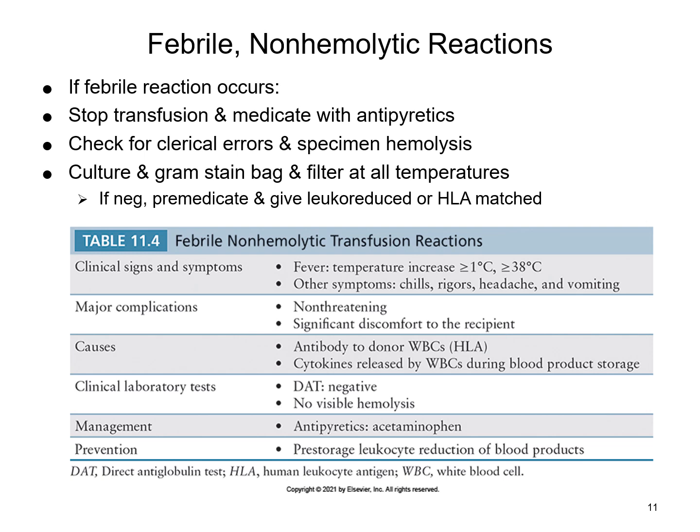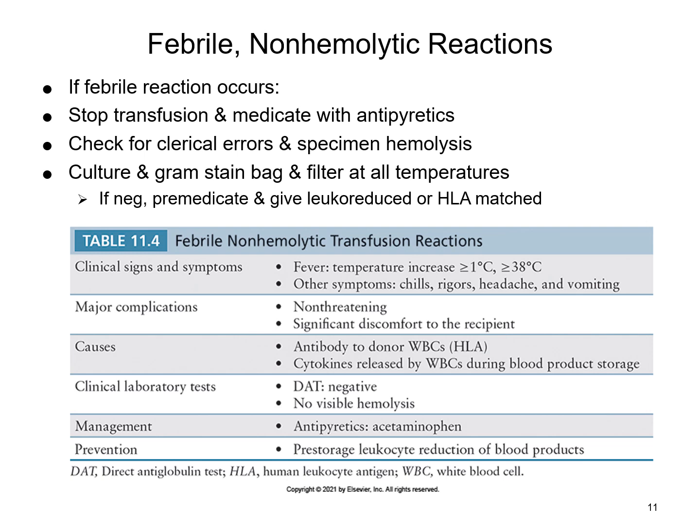Typically the micro department is going to have procedures in place for what to do with blood products that they receive for culture. If those cultures do come back negative, or that gram stain, which is really going to give you your preliminary reports, those patients are probably just going to receive leukocyte reduced products in the future, or possibly HLA matched, depending on what's determined as far as the outcome.